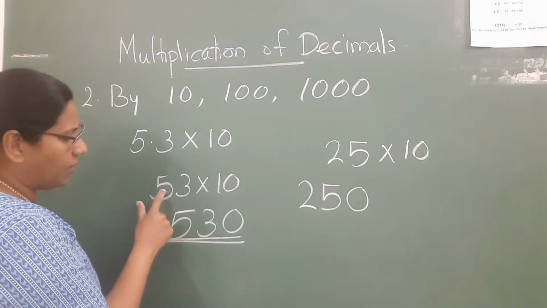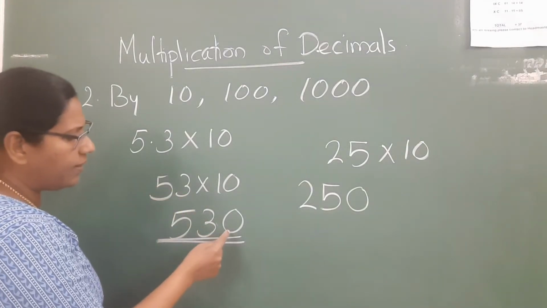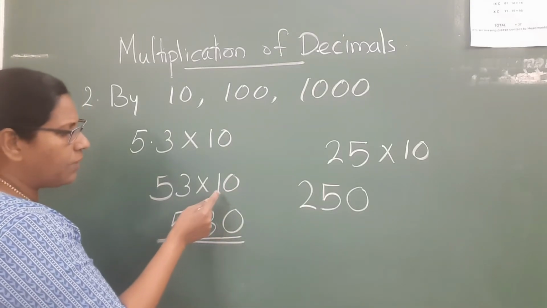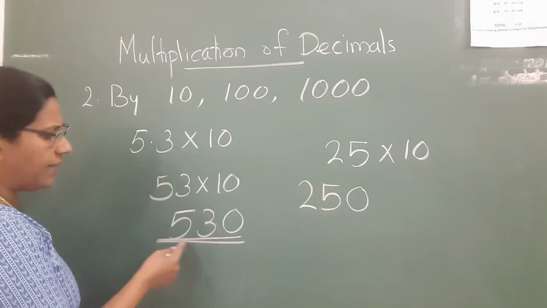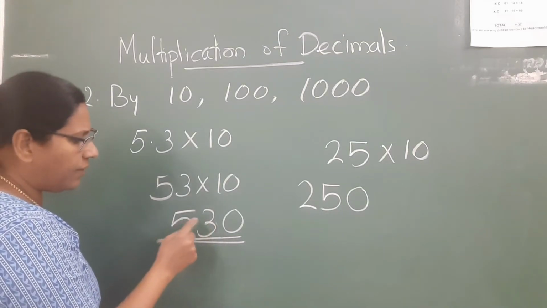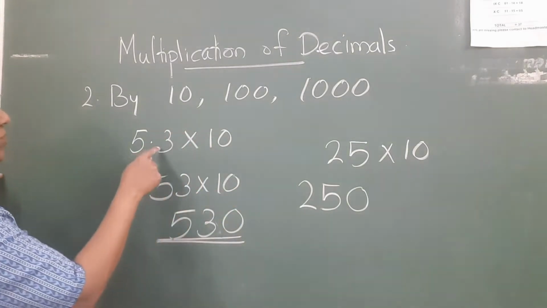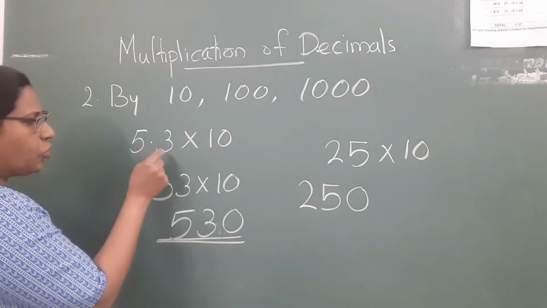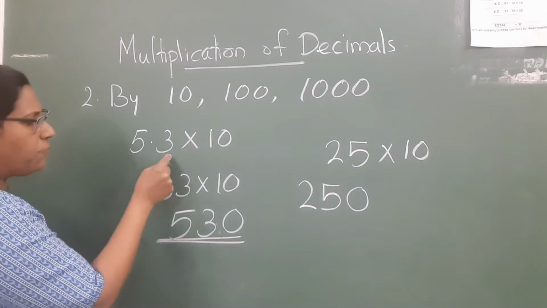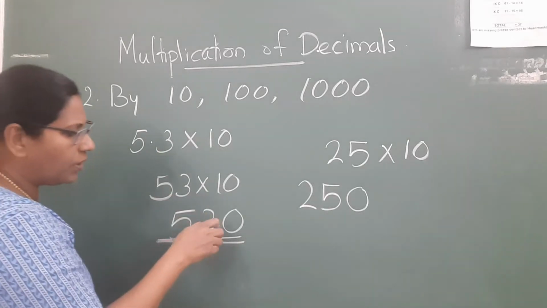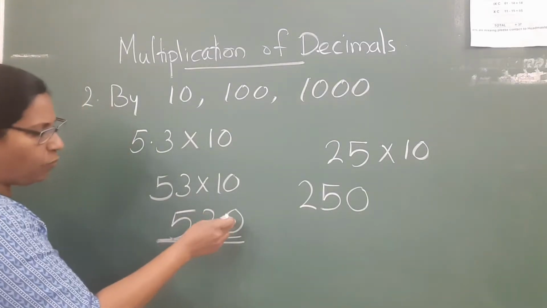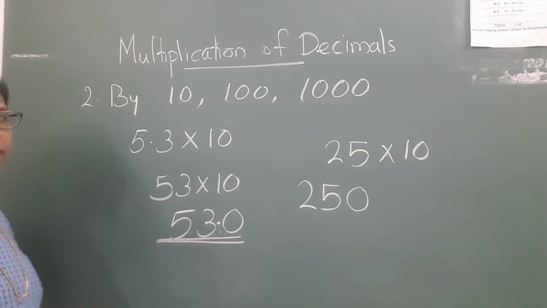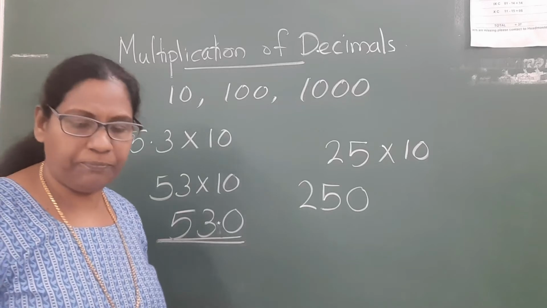So here we write 53 and then on the right side we put 1 0 because it is multiplied by 10. So we get the answer 530. Then we have to see after how many places the decimal is. Here it is after 1 place, so we put the decimal here after 1 place. So 0 will go and we get the answer 53.